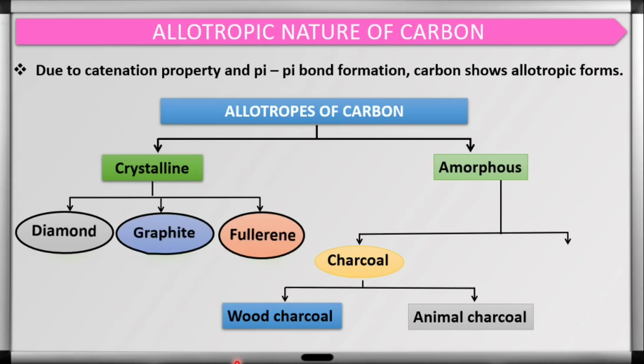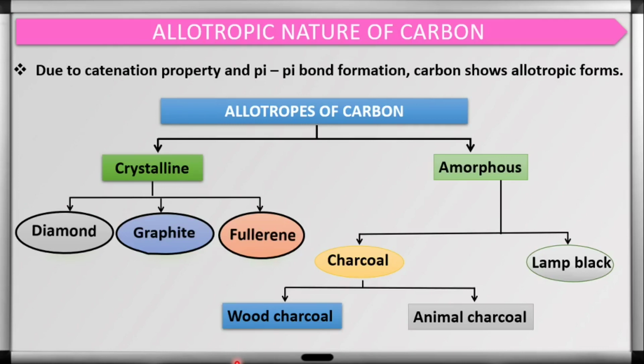And the second type of amorphous carbon is lamp black. Lamp black is a black dark powder, made from dark black carbon powder. One of the uses of lamp black is in printing inks, and it is also used in paints.